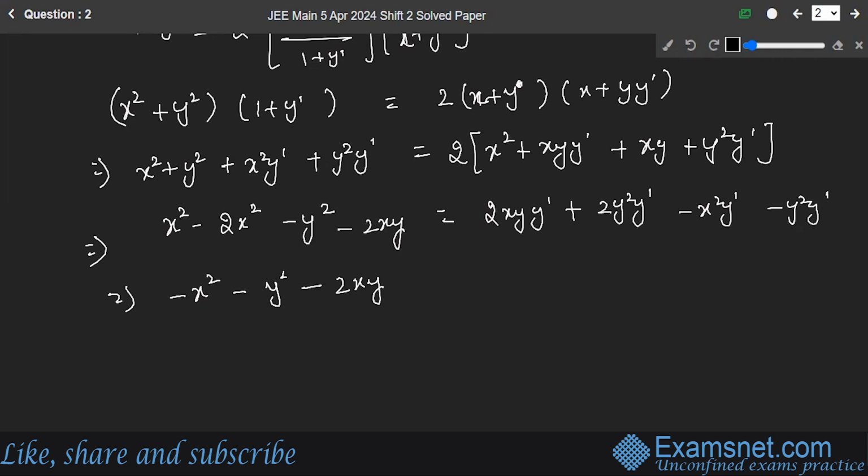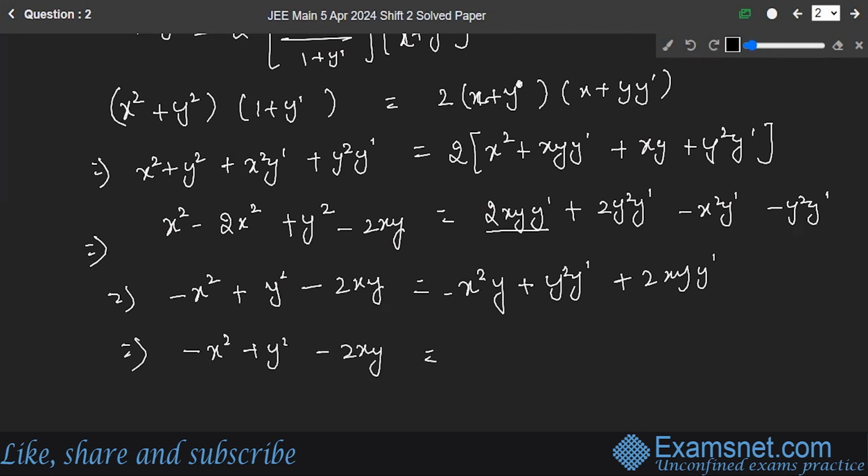Right. Okay. It was plus. Sorry. So this is equal to, this is xy, and here will be x square minus x square y, and plus y square y dash plus 2xy y dash. So this is minus x square minus y square minus 2xy is equal to, it was x square and y square, this into y dash.